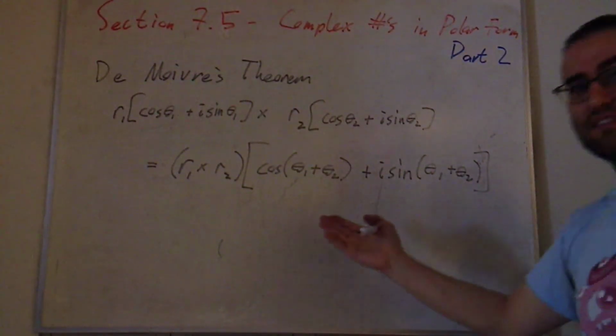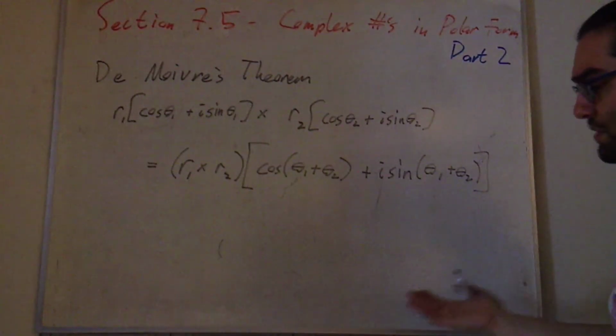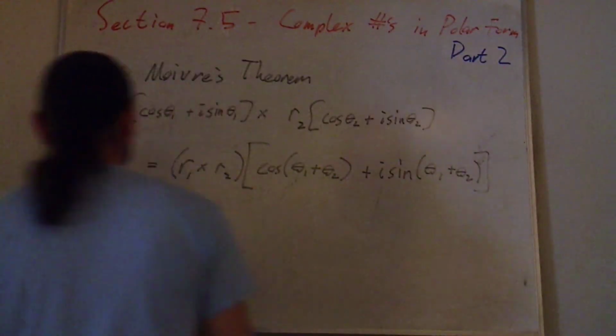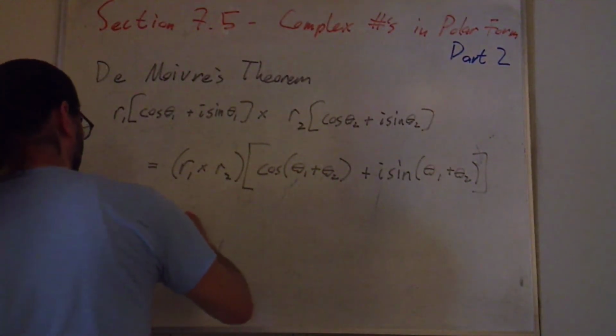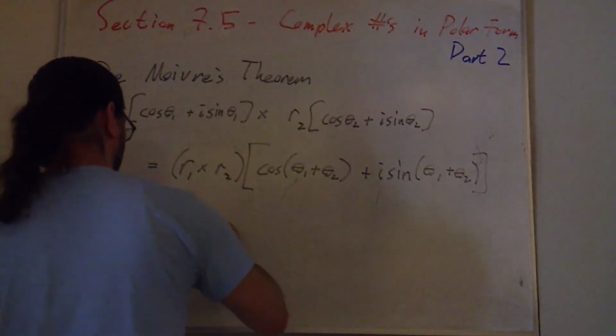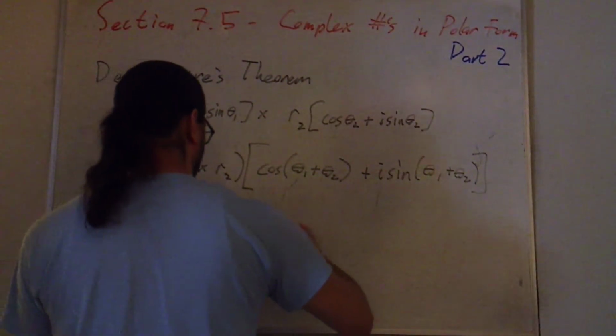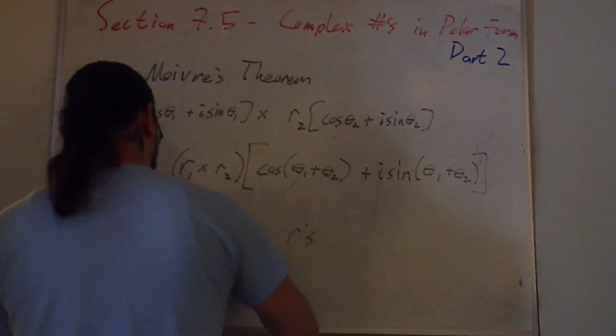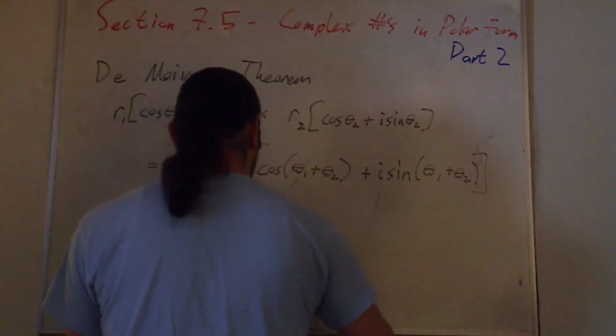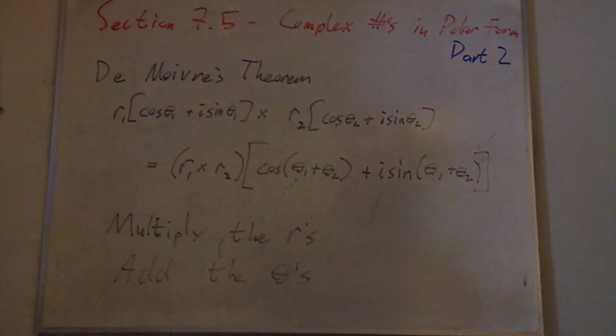So, lots of fancy symbols going on, but what this really is saying is multiply the r's, add the thetas. That's it. That's de Moivre's theorem. Multiply r's, add thetas. That's all you got to do.